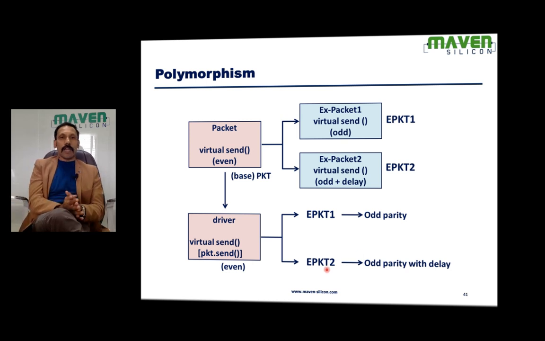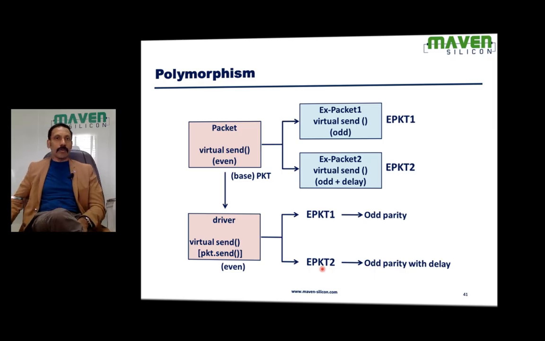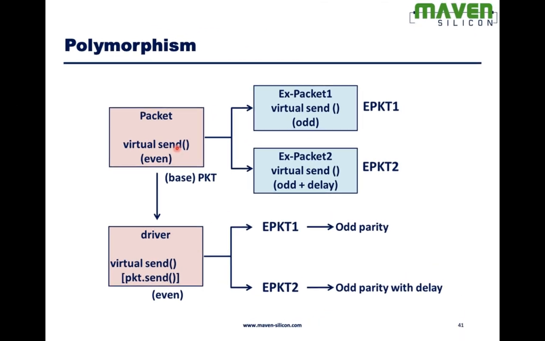So the driver can do three different things. It can generate even parity, or odd parity, or odd parity with delay. And that's going to happen primarily through different flavors of the send method. So polymorphism is all about creating different flavors of the same method. The name remains the same, only the functionality differs.